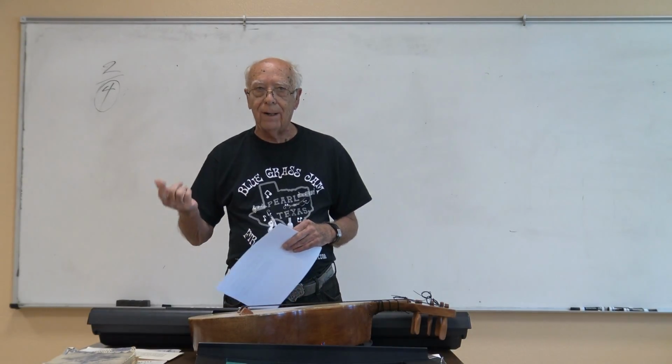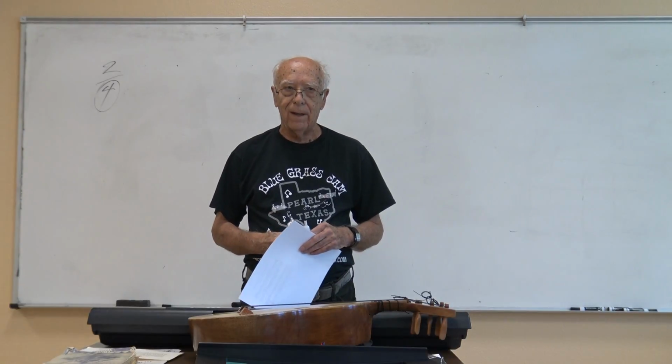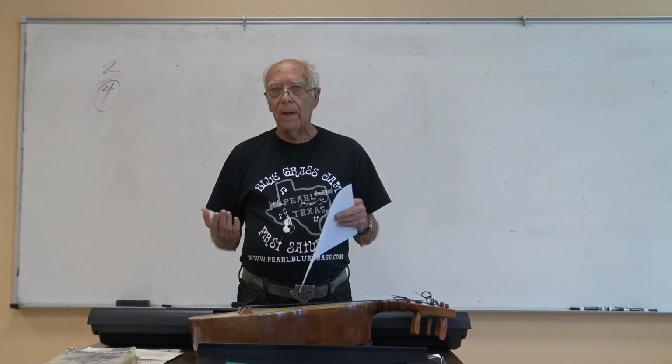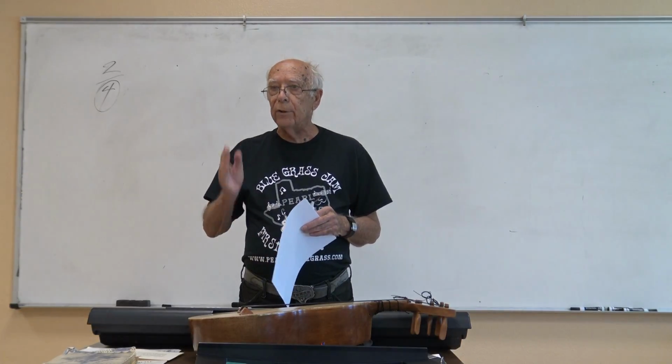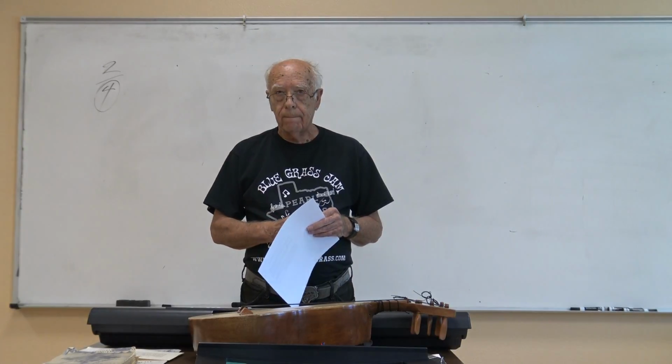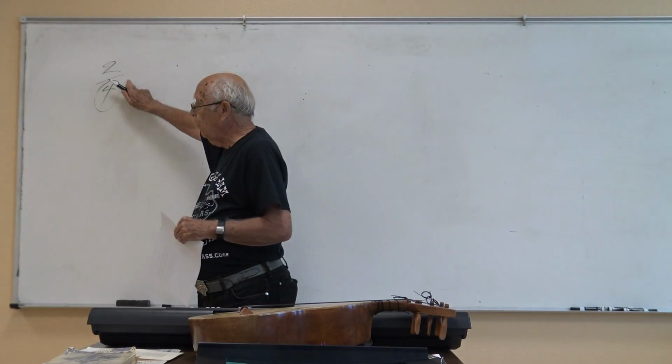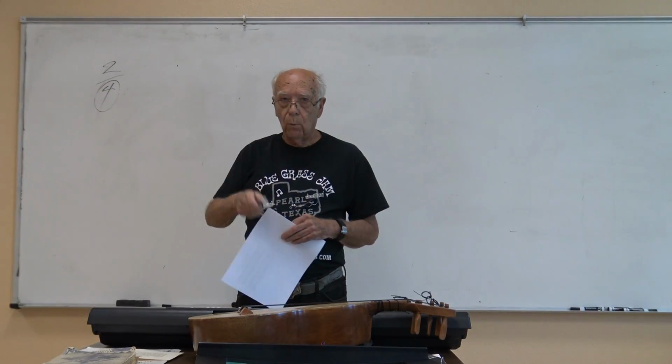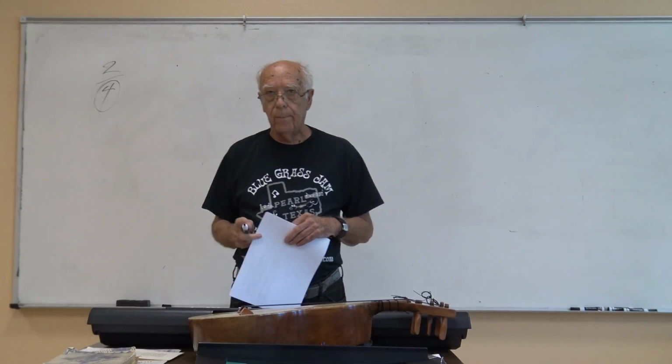Right, left, right, left, right, left. However, a lot of people add to that, and it's good to think of 1 and 2 and 1 and 2 and 1 and 2 and. But 2/4 time is 1, 2, 1, 2.